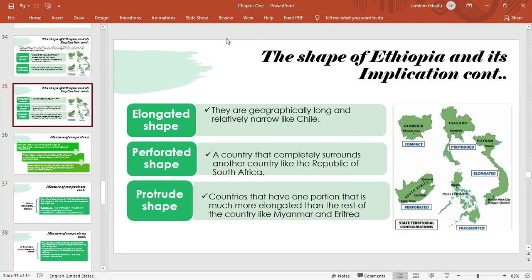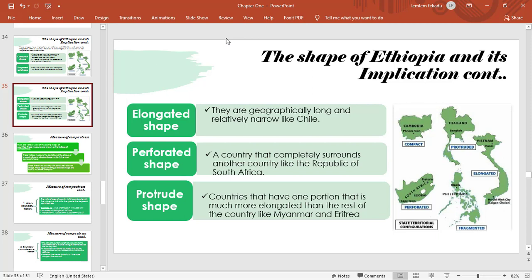So generally, such shape countries may suffer from poor internal communications and transportation, and regions at the north or south ends may be isolated, and also the capital may lose influence over one end of the elongated state.